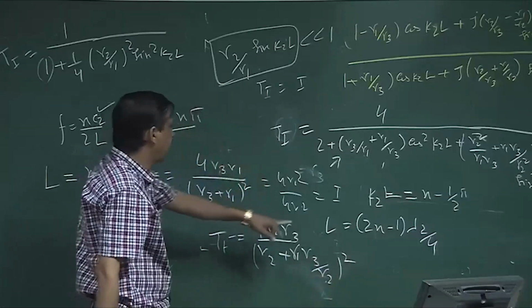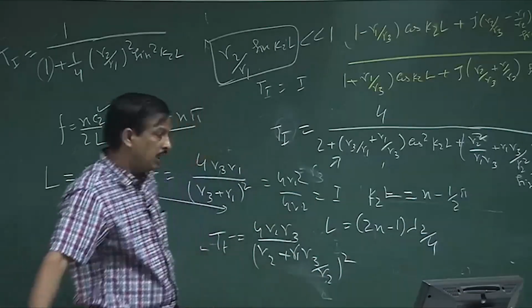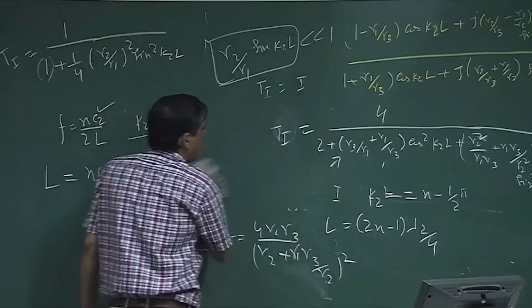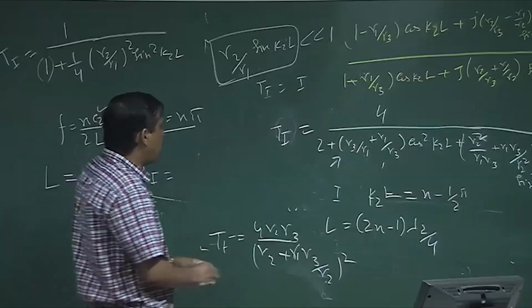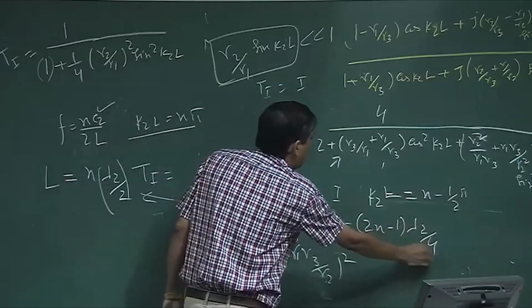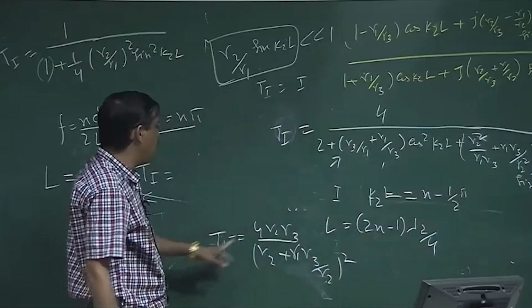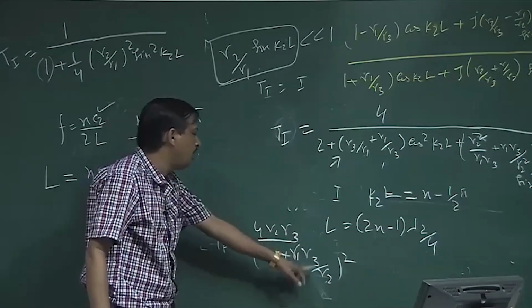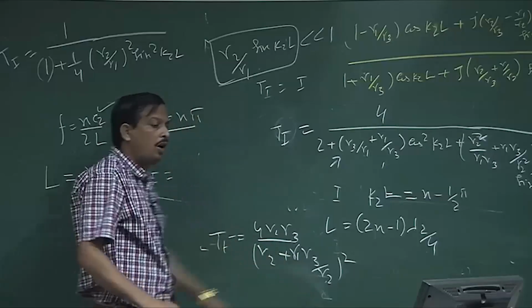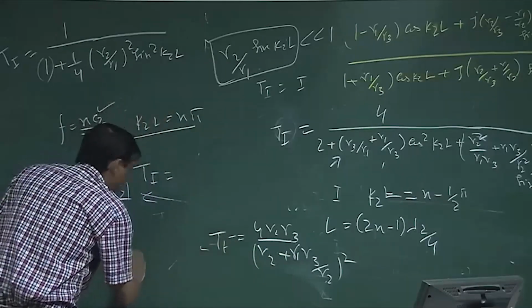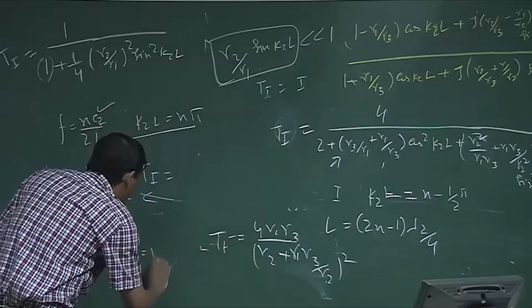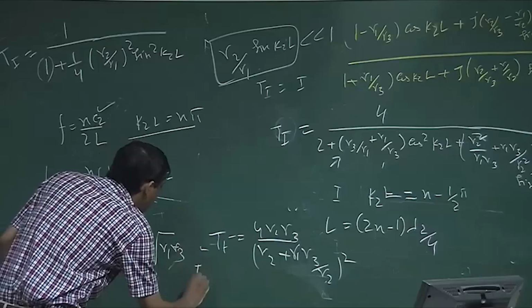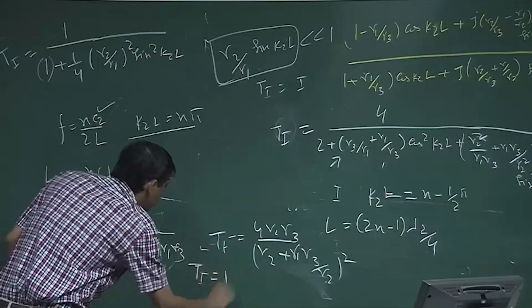In that case, if K2L is equal to n minus half pi, or L is equal to 2n minus 1 times lambda 2 by 4, then Ti will be 4 R1 R3 divided by R2 plus R1 R3 divided by R2 whole square. Or if R2 is equal to the root of R1 into R3, then Ti will be 1.